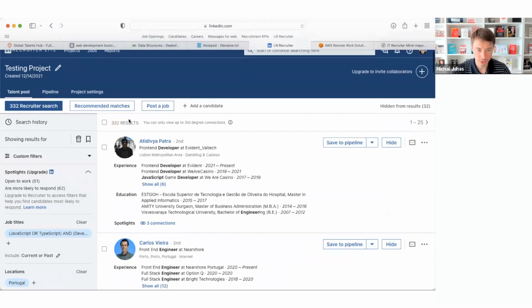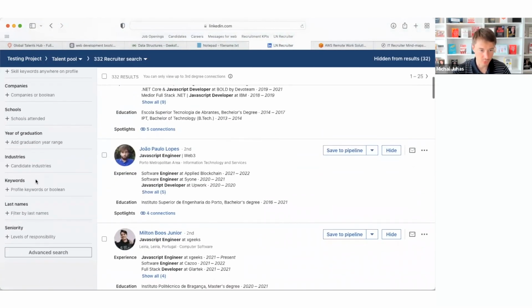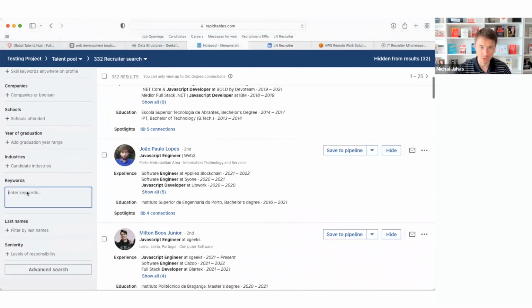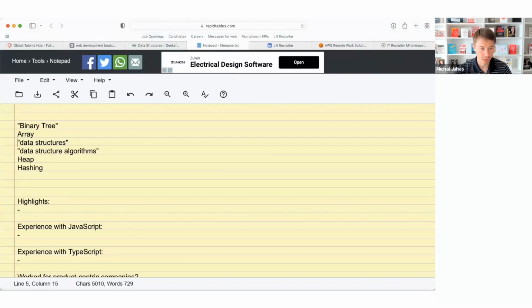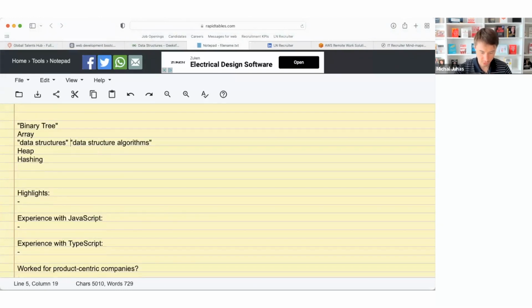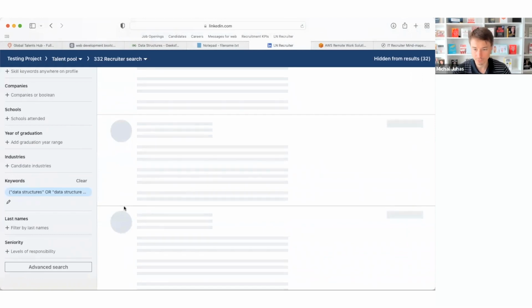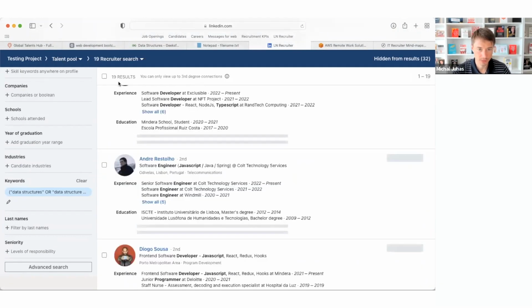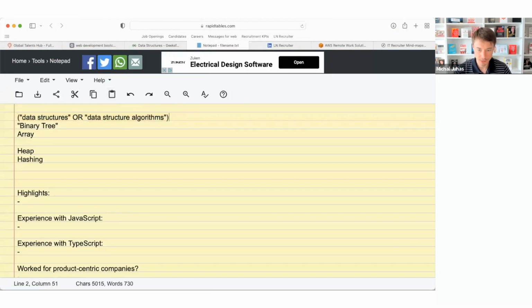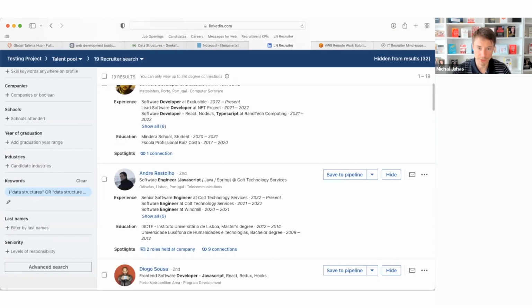But we still have 300 people and we don't know how many of them have experience with data structures and algorithms. So why don't we at first try something like data structures or data algorithms? Let's try just this. 19 people. So 19 people have this on their profile.